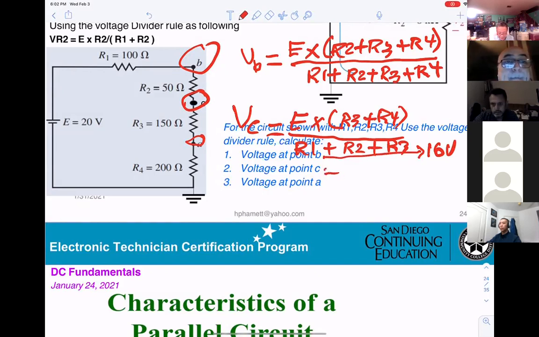Okay, then point C. Who got the answer for point C? 14.